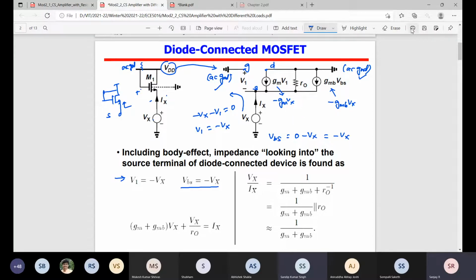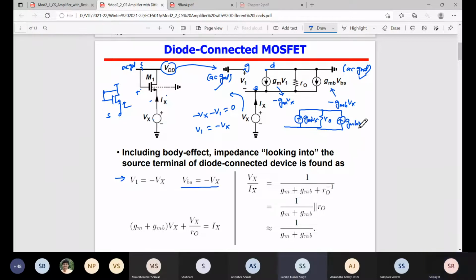Let me erase this. So gm Vx. What about this? gmb Vx, the current is upward, because upwards means it will become positive.